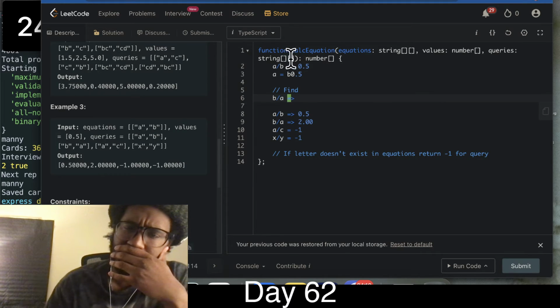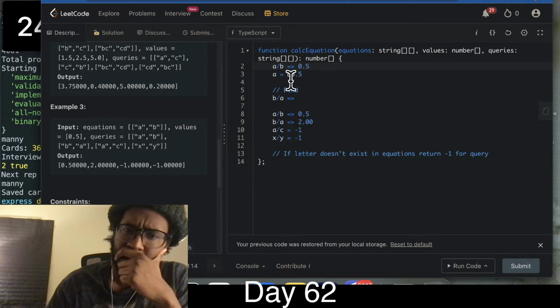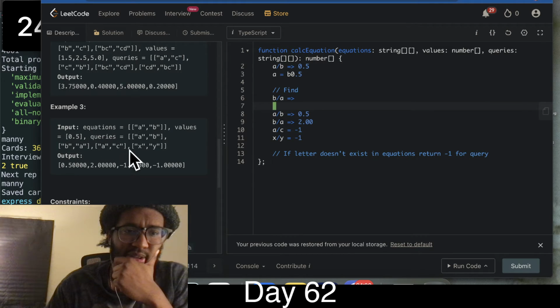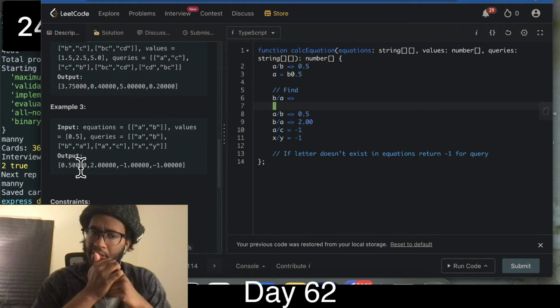We have A over B equals 0.5. Then A is, you solved for A, which would be the first variable in this division. One of our queries is B divided by A.